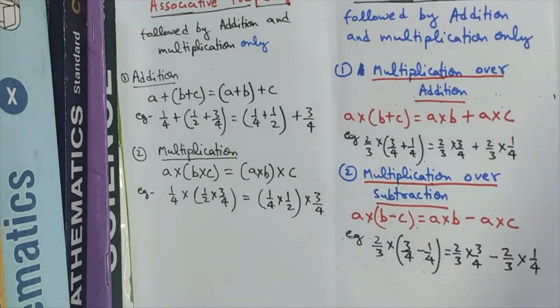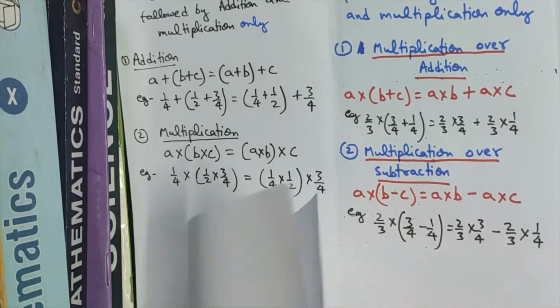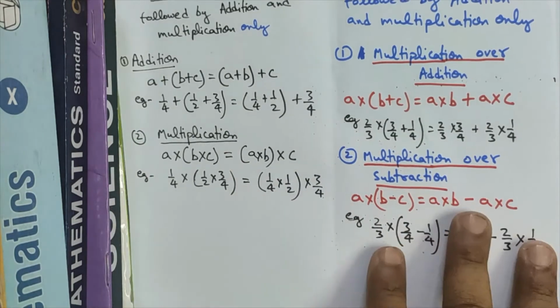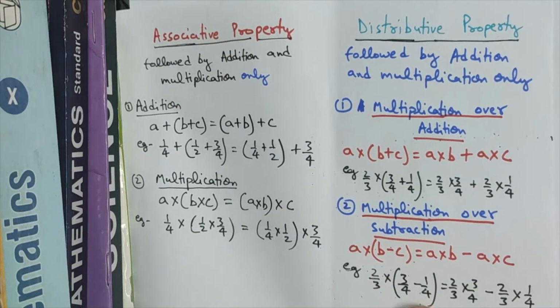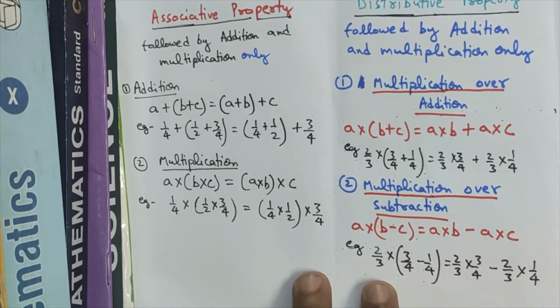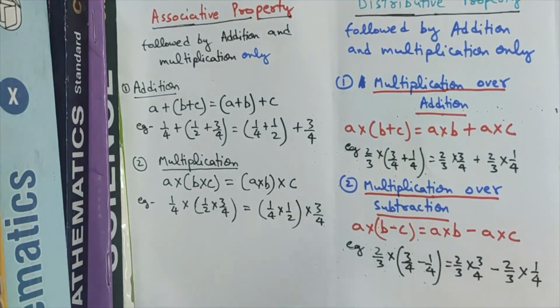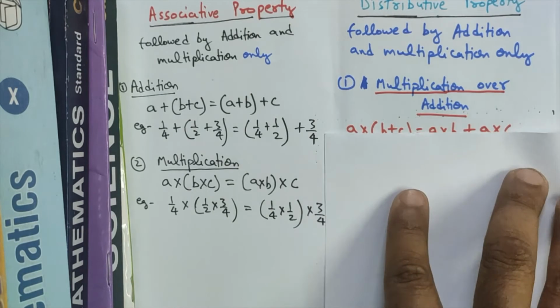So now the distributive property, in the case of the distributive property, it is also followed by addition and multiplication only.